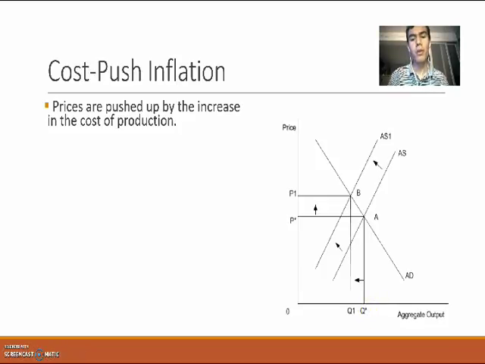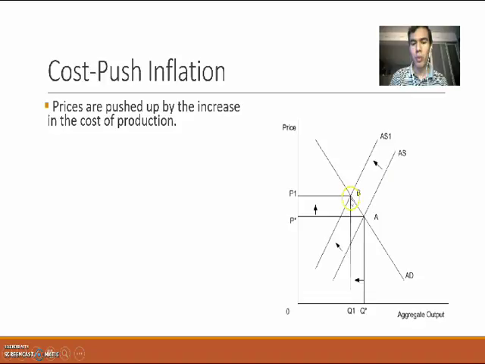So, what happens when we have an increase in the cost of production? Well, the curve of aggregate supply will move up and left, in the direction that the arrows are pointing. And we will have this new curve of aggregate supply 1.